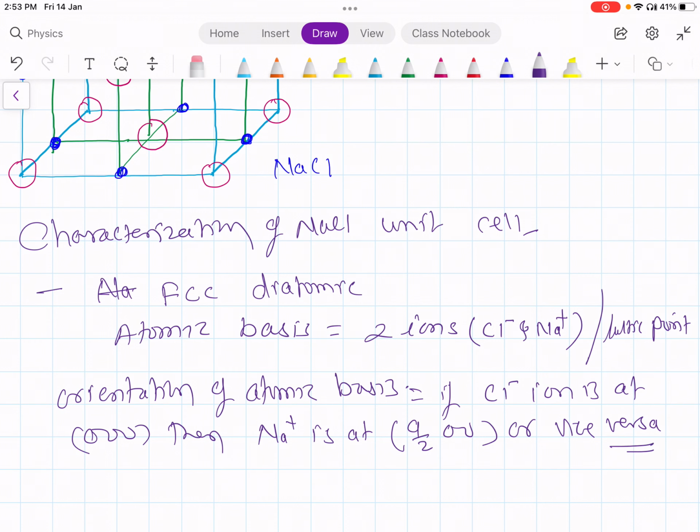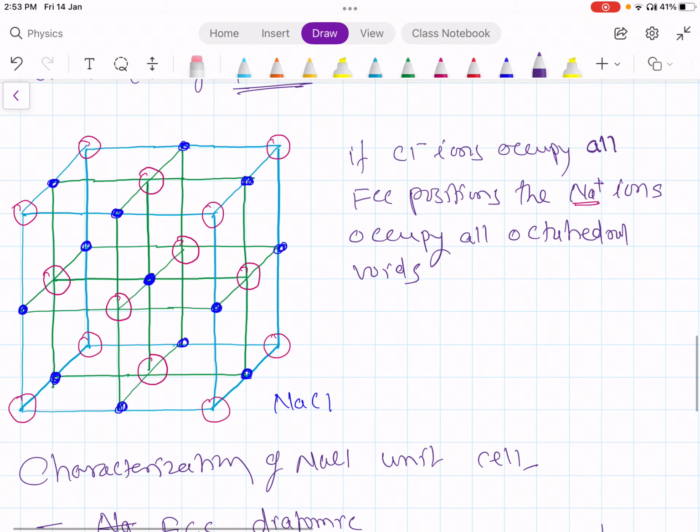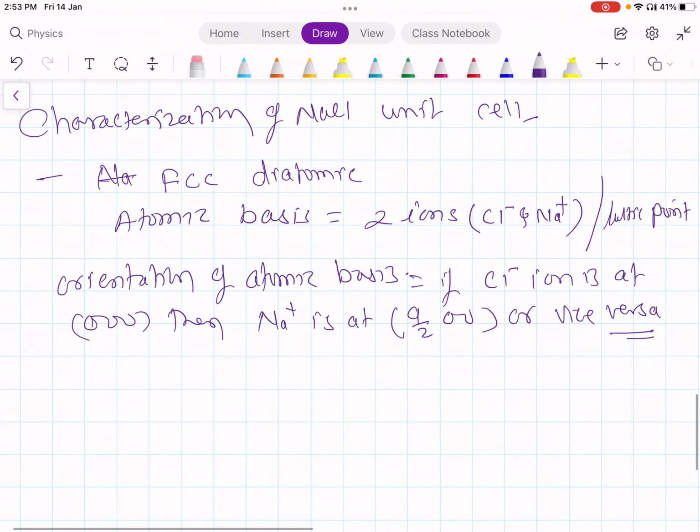They can change their position. In this case, if chlorine ions occupy all FCC positions, then sodium ions occupy all octahedral voids, or vice versa. It means if sodium ions occupy all the FCC positions, then chlorine ions occupy all the octahedral voids. That is the way you can select the unit cell both ways. So that is the orientation of atomic basis.